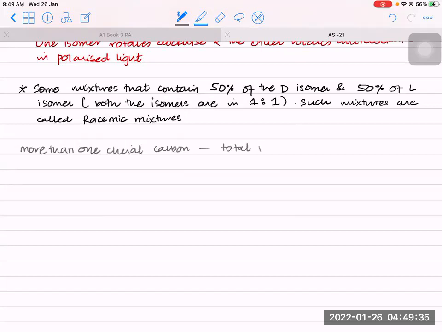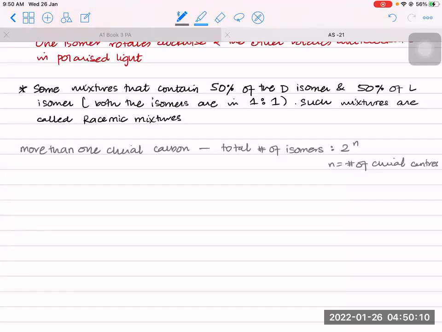So the total number of isomers would be 2 to the power n, where n is the number of chiral centers or the chiral carbons. So if you have 3 chiral carbons in a compound, how many total isomers will we have? 2 to the power 3. If you have 4 chiral carbons, the total number of isomers will be 2 to the power 4.